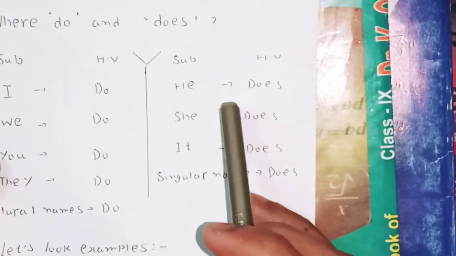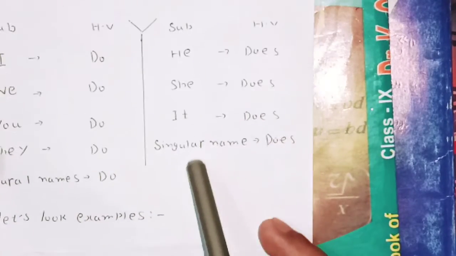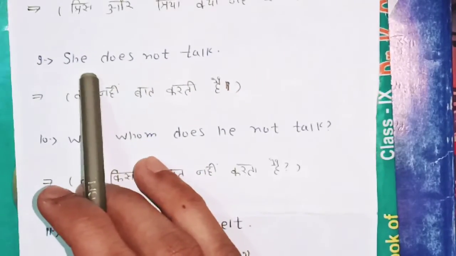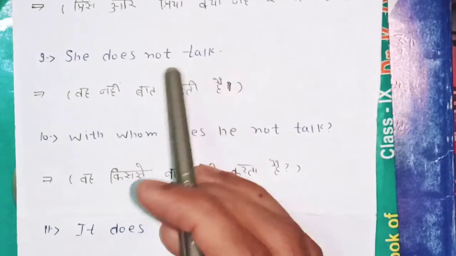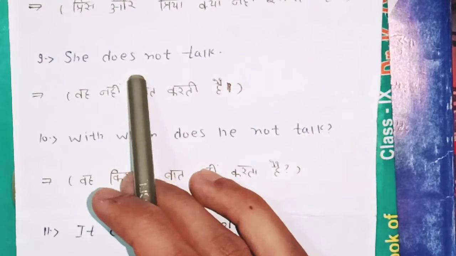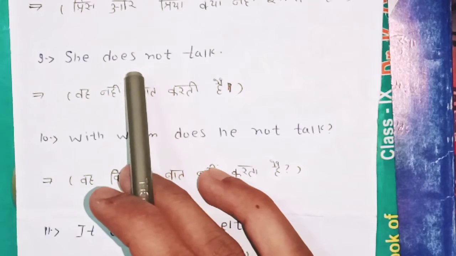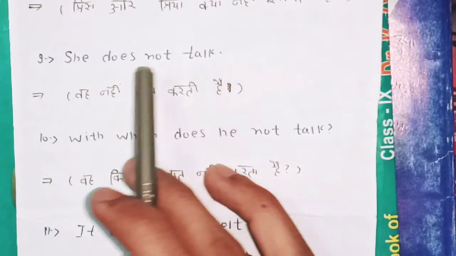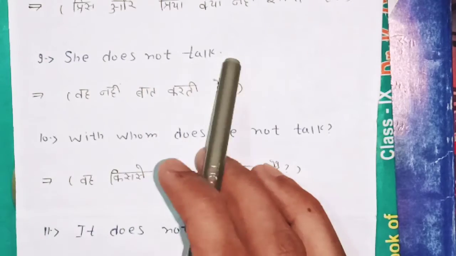We use does with he, she, it and singular names, meaning singular subjects. Let's see the ninth sentence: She does not talk, वह नहीं बात करती है. We can also contract does not to doesn't, so we can say she doesn't talk or she does not talk.